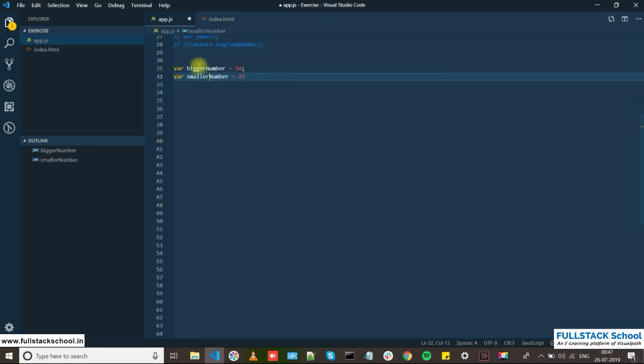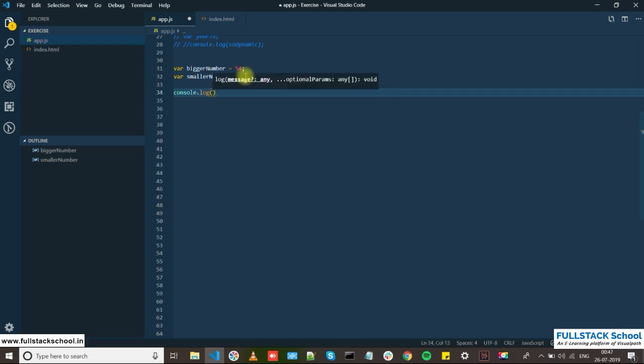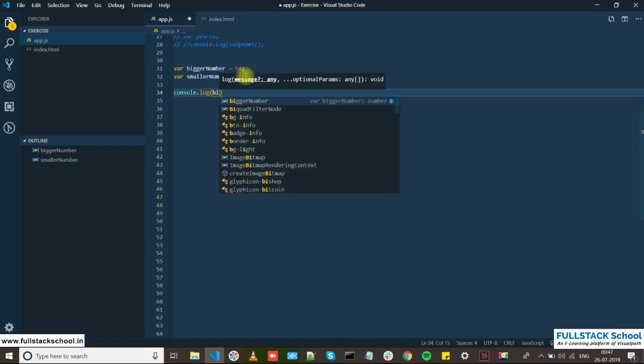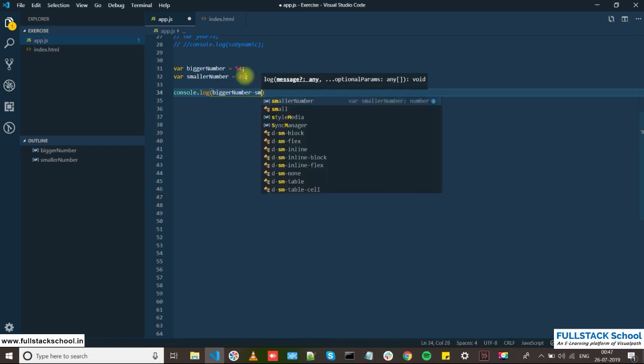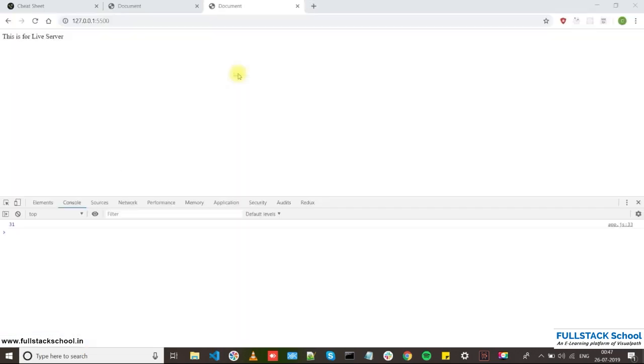Then I'll say console dot log of bigger number minus smaller number. 54 minus 23 is 31. That should be printed here.